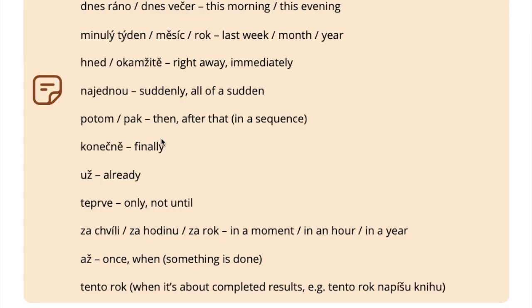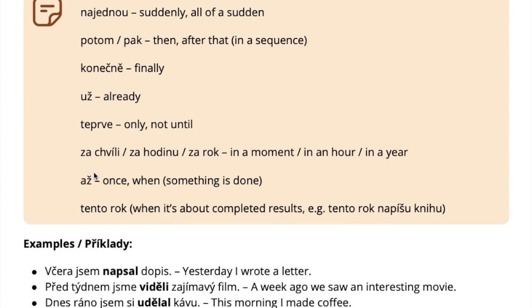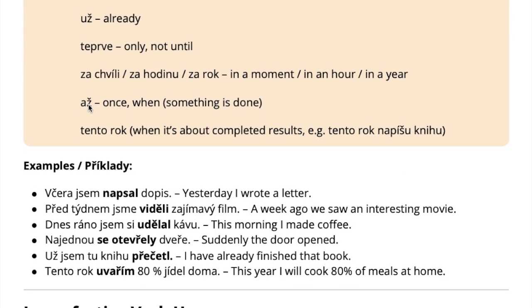Konečně, finally, už, already, teprve, only now, not until now, teprve, just yet, and so on, possible translations. Za chvíli, za hodinu, za rok, in a moment, in an hour, in a year. Až, once, when something is done. Tento rok, when it's about completed results.